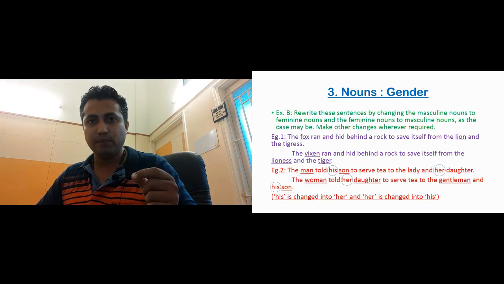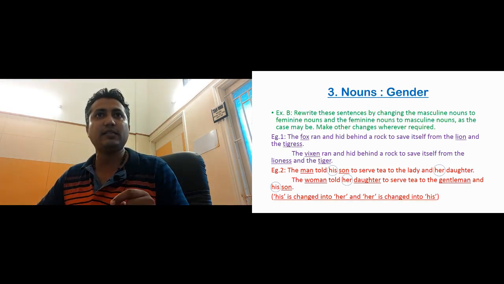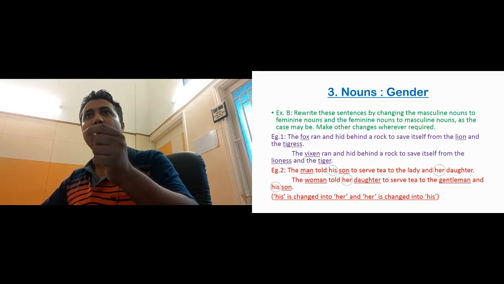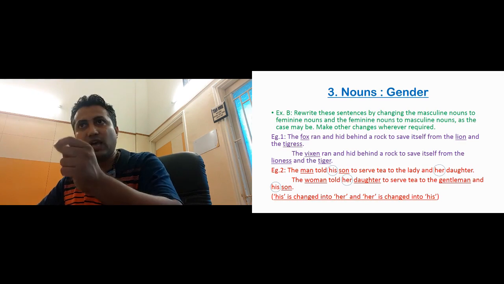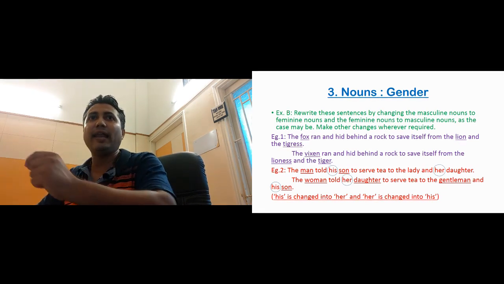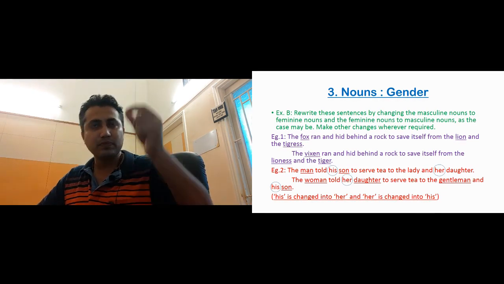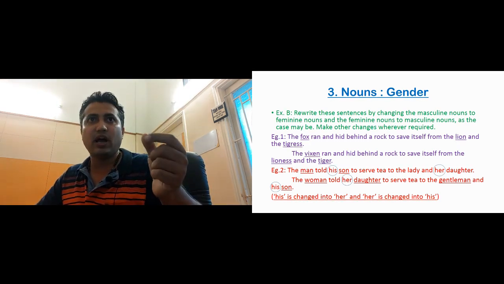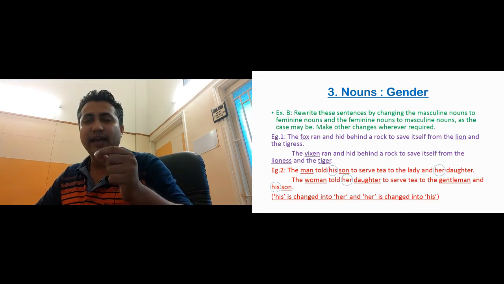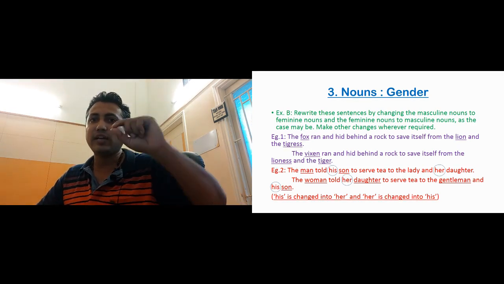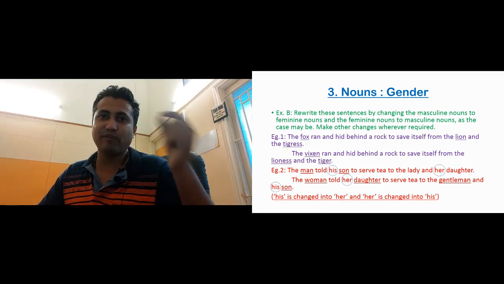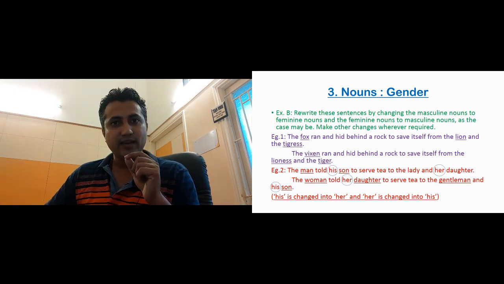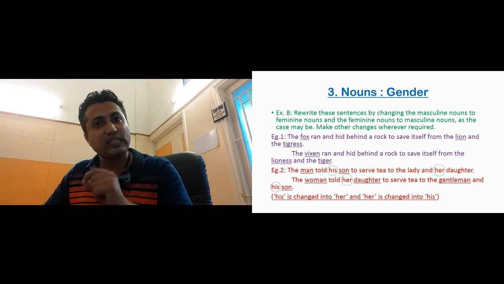The first solved example, the question sentence is: the fox ran and hid behind a rock to save itself from the lion and the tigress. The gender-based nouns here are fox, lion and tigress. These are the nouns that we can change from masculine to feminine or feminine to masculine. Fox is masculine, the feminine of that is vixen.